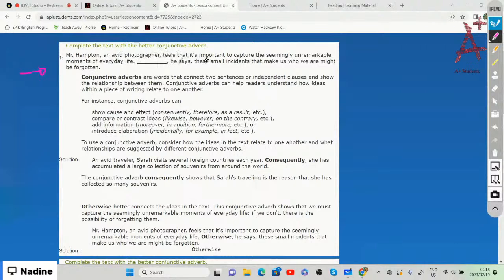So he says, these small incidents that make us who we are might be forgotten. So we need to look at a better conjunctive adverb in order to connect those two sentences.